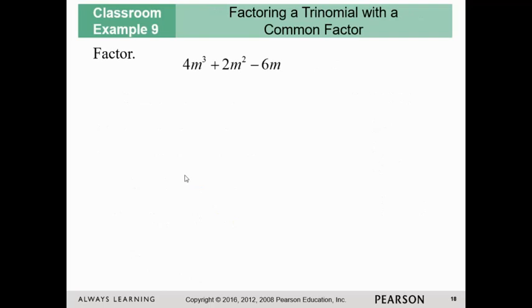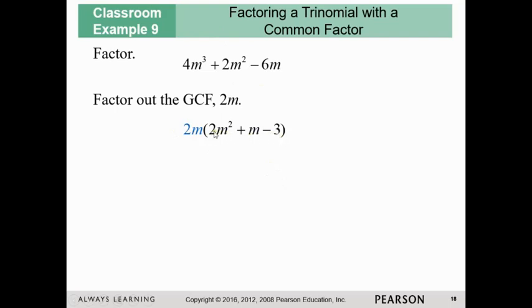So now we'll look at one more here. Notice that I've got an m cubed here. I can take out a greatest common factor here. The greatest common factor in this case is 2m. So I take out 2m. Now I've created a trinomial here.